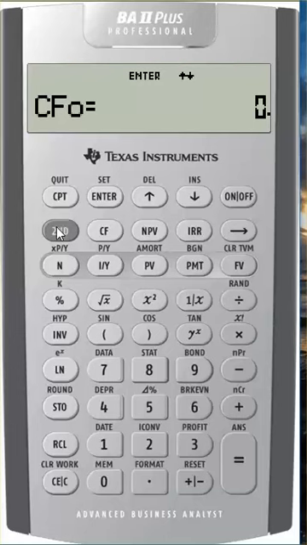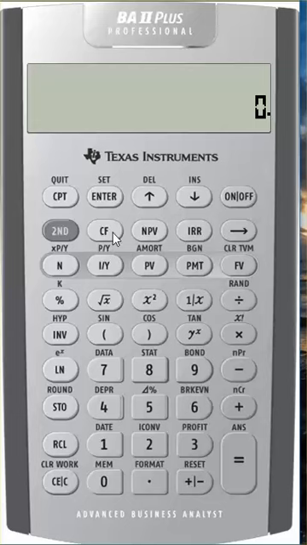To get a clean one, we go second, clear worksheet. Now we have a brand new worksheet, and that's always very important, just as it was in our time value of money calculations.